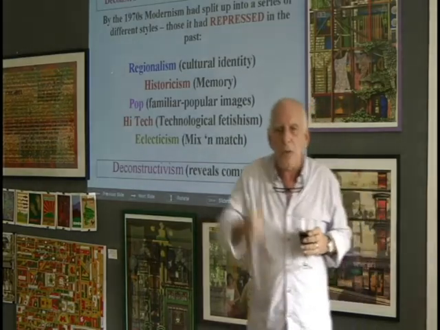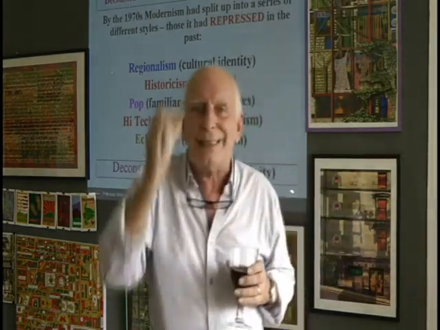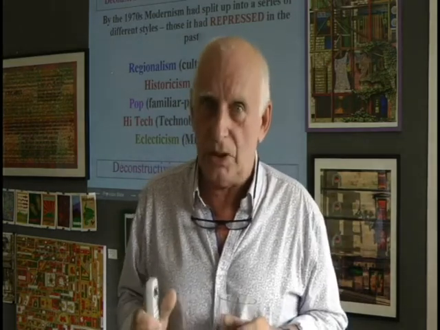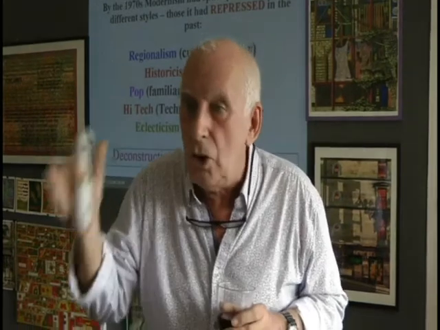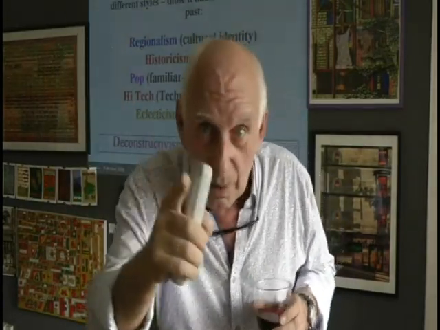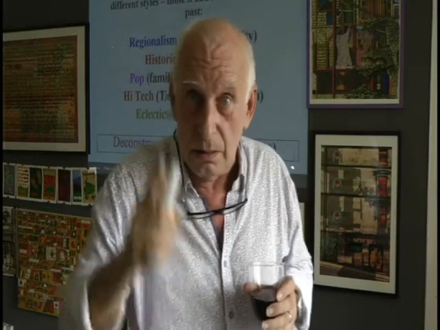There were now serious criticisms of modern architecture. Serious criticism, namely, that it did not represent human experience. It represented some abstract intellectual idea of, as you remember, science, statistics, logic, order.